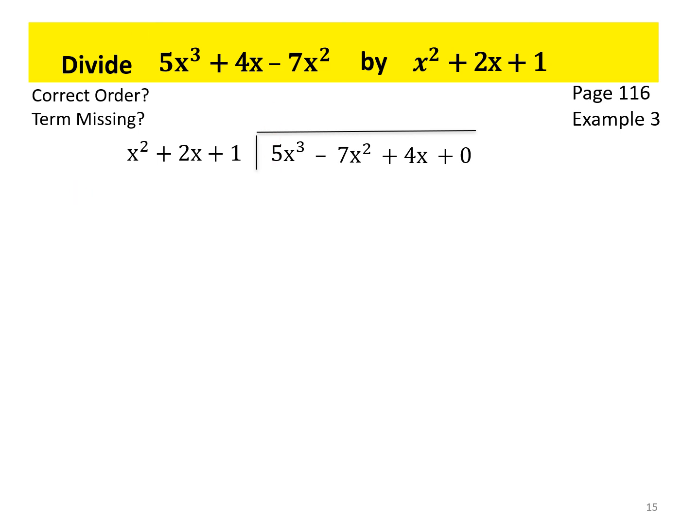So we're going to go ahead and write the 5. Now we look at the variables. We have x squared, and we have to multiply something to get x cubed. Now remember, when you multiply variables, you add the exponents, so we need just x to the first. So we're going to put the x. Let's check it in our head. 5x times x squared is 5x cubed. Good. We've got it. Write it.